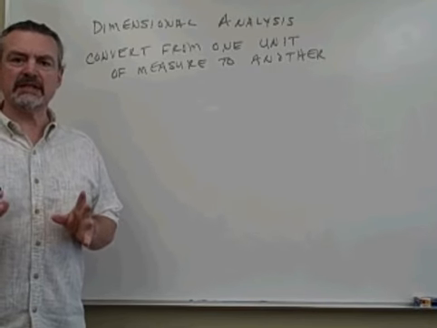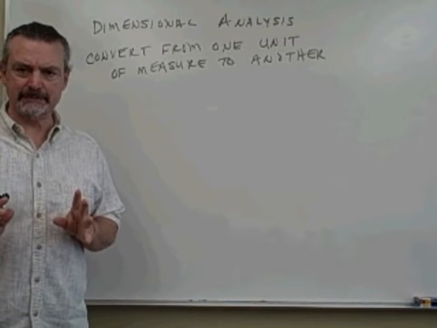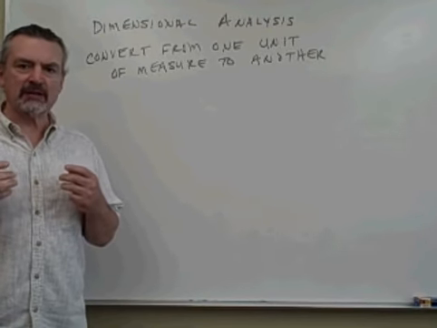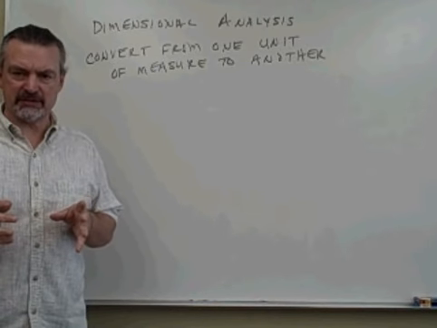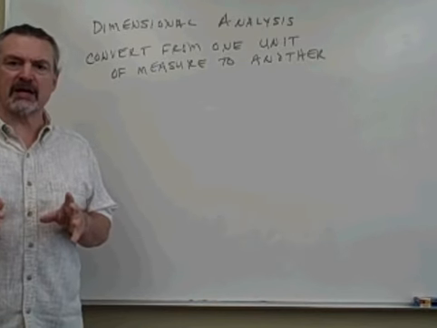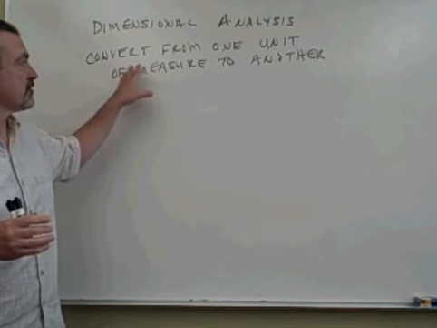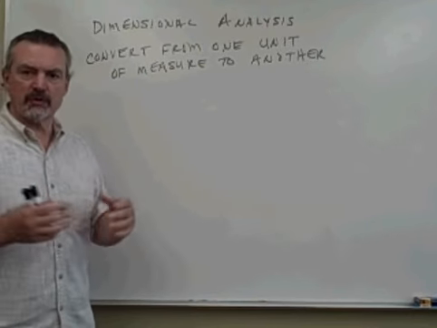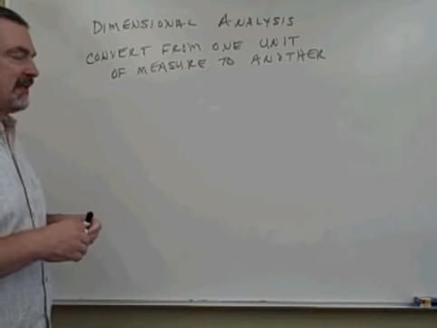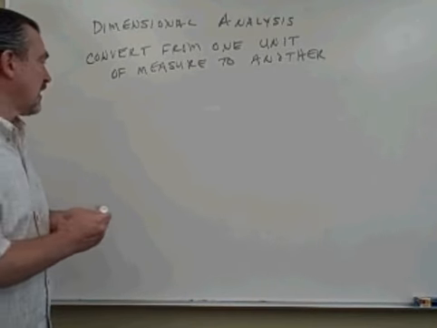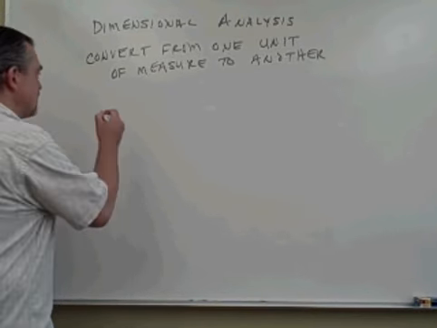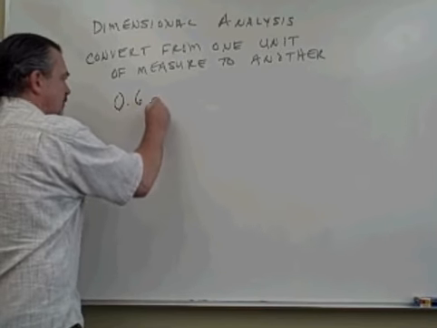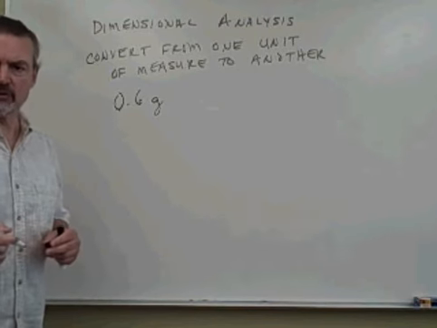When we're working in the health field, and especially when we're working with calculating dosages of medicine, there are times that we have to convert from one unit of measure to another. For example, let's say that the doctor had prescribed that the patient should receive 0.6 gram of a particular drug.